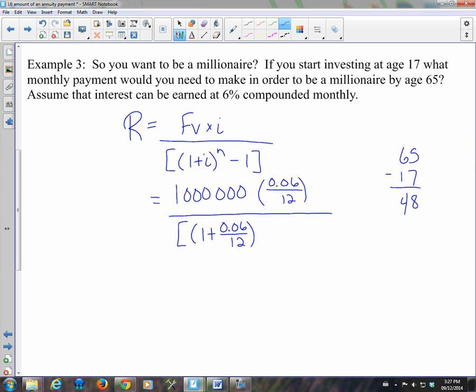And then 48 years compounded monthly would be 48 times 12. And it's too late in the day for me to do that in my head. 48 times 12 is 576. So 576 minus 1. All right, let's see if we can get an answer. This should take me a couple of minutes.